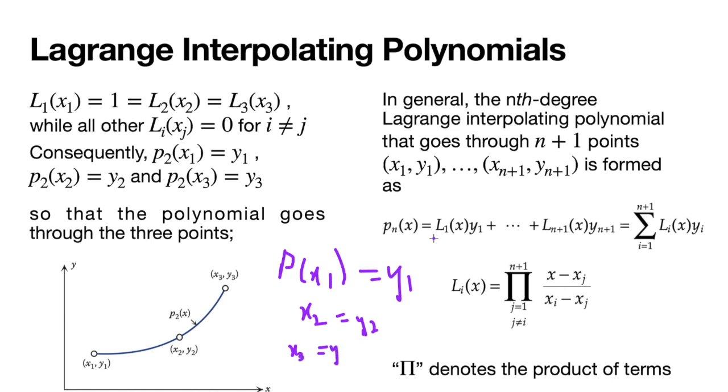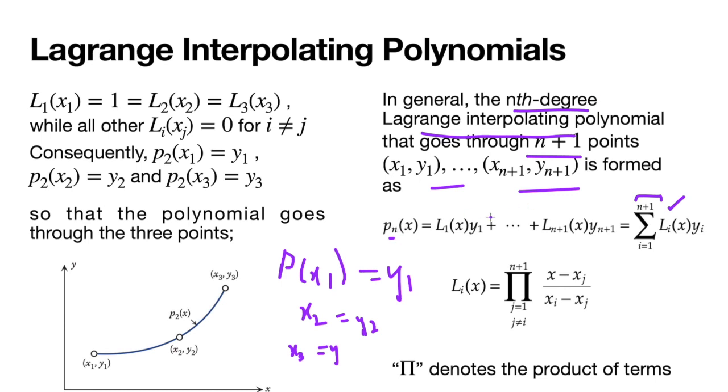As we discussed earlier also, the nth degree Lagrange interpolating polynomial that goes through the n plus 1 points, x1, y1 up to xn plus 1, yn plus 1, will have n plus 1 Lagrange coefficients. Alright, so you have seen that in the first degree Lagrange interpolating polynomial, there were 2 Lagrange coefficients.